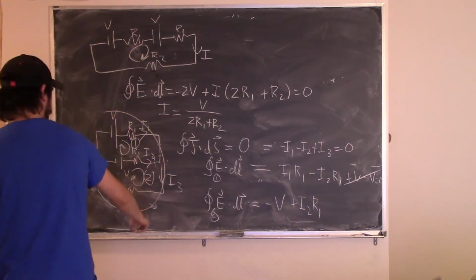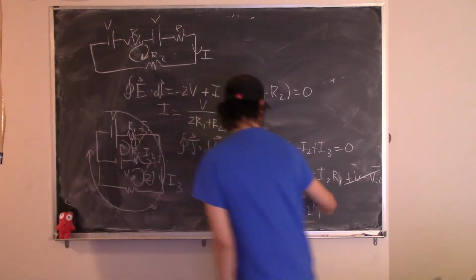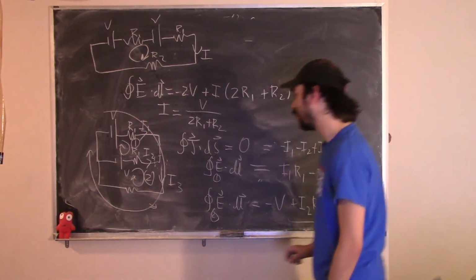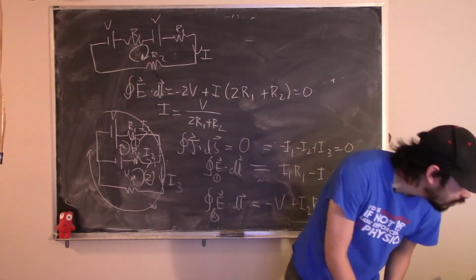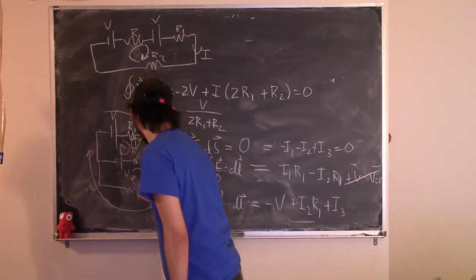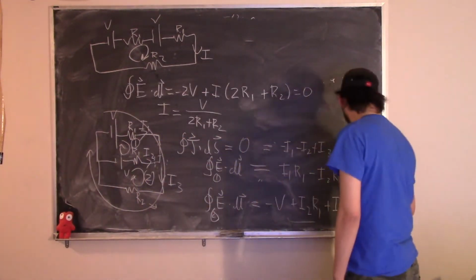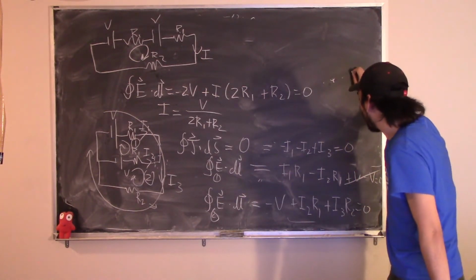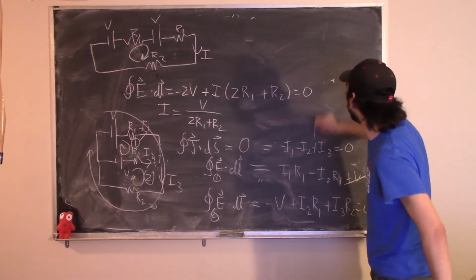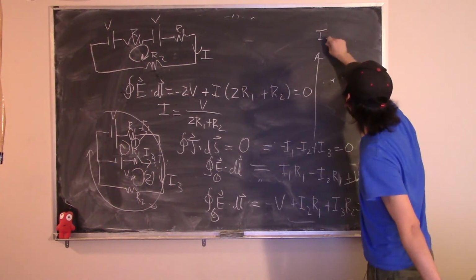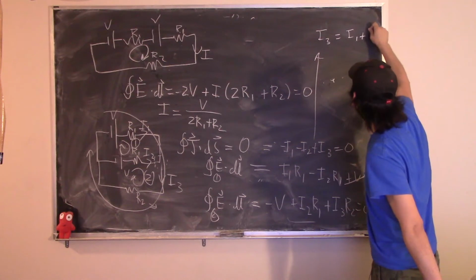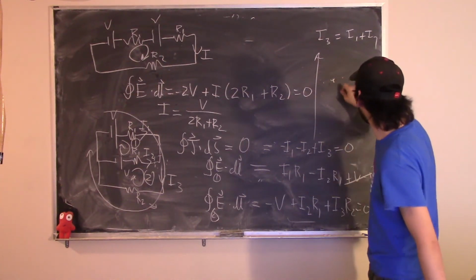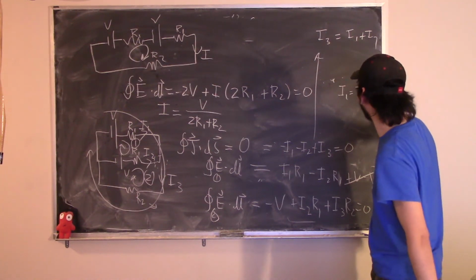Coming around here, plus I3 times, what did I say this resistance was here? This is resistance R2. Is equal to 0. Okay, so from the equations that I have here, let's rearrange this. So this one says that I3 is equal to I1 plus I2. This one, when I rearrange it, says that I1 is equal to I2.